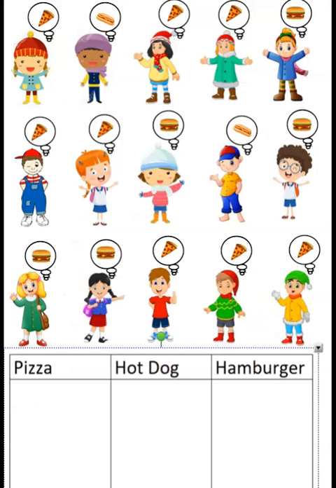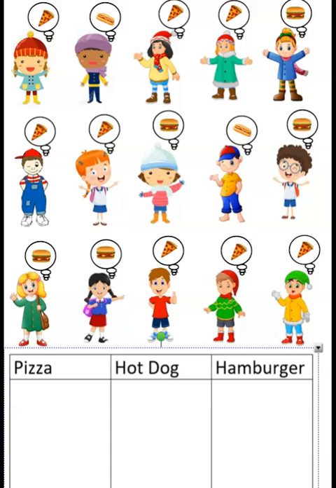Okay, so we have the same data here, and these are the same kids. And we know some of them like pizza, some like hot dogs, and some like hamburger. But if these were kids in my class and I'm making a chart, would they really have bubbles above their head and I could go grab the pizza picture? No. So here's another way that I can collect it.